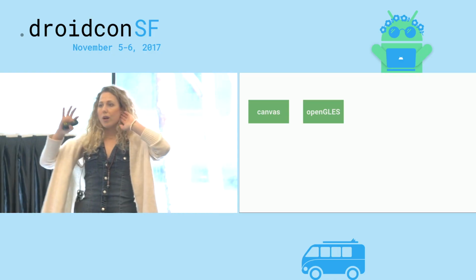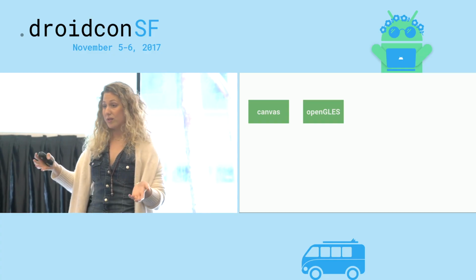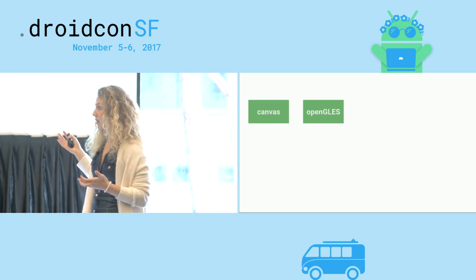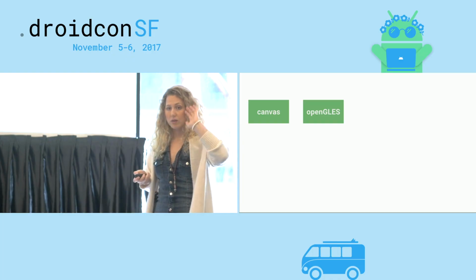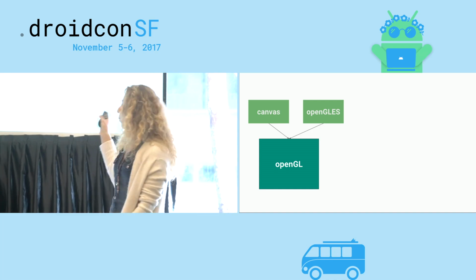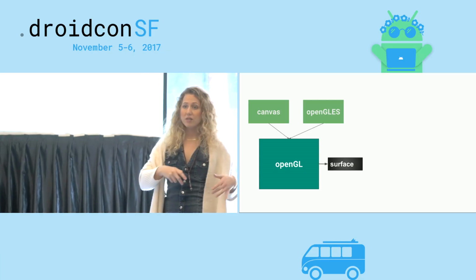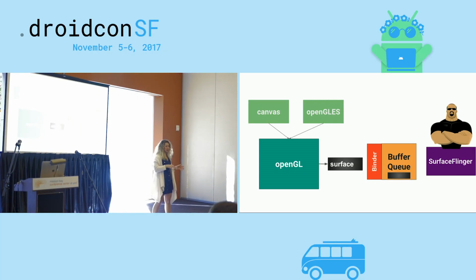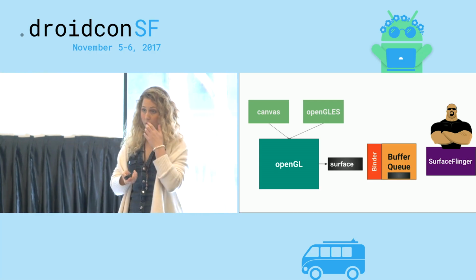Anyhow, whether you choose to use the canvas, meaning to use the views that you created with what Android gives us, or you use OpenGL ES and write commands yourself, at the end everything is going to be translated to OpenGL commands, and all of them are going to be rendered into a surface the same way, sent to the buffer queue like we said before, and used by the surface flinger.